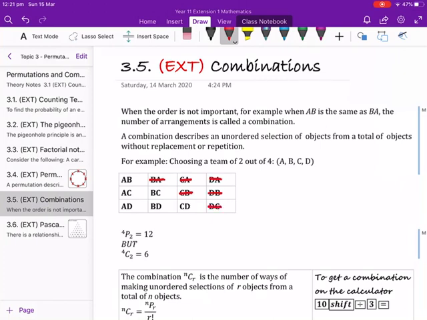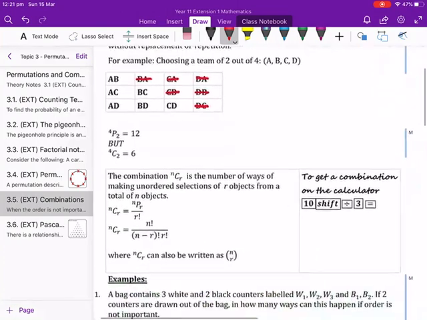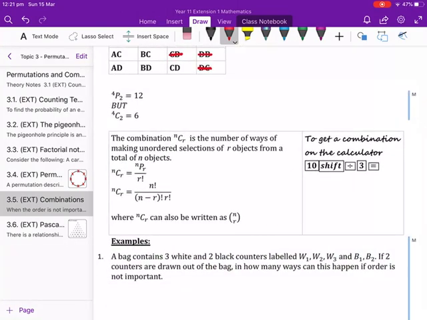So as you can see here, when we use a combination, because order is not important, we only have 6 possible outcomes, and we use the notation 4C2, which equals 6. So the combination nCr is the number of ways of making unordered selections of r objects from a total of n objects.